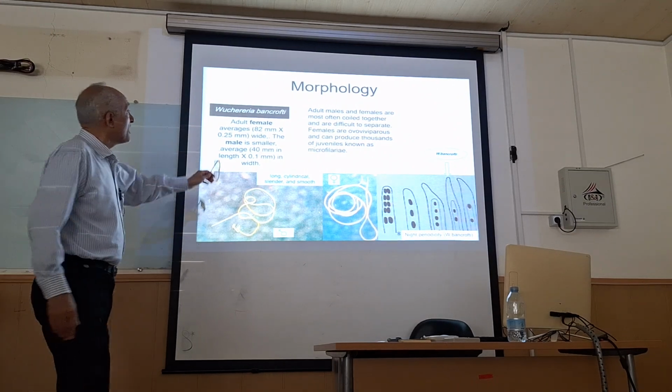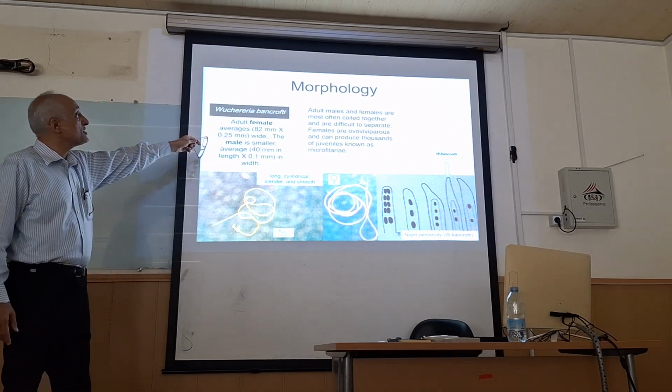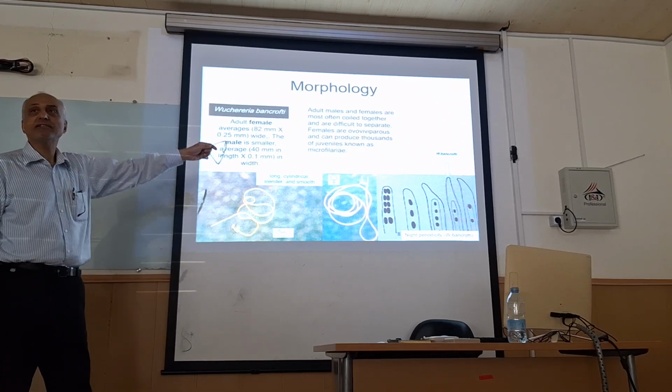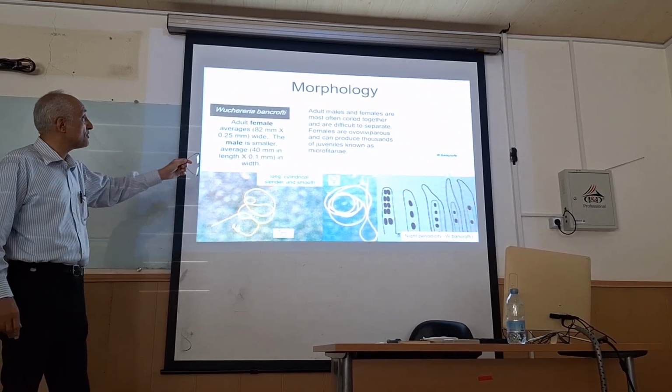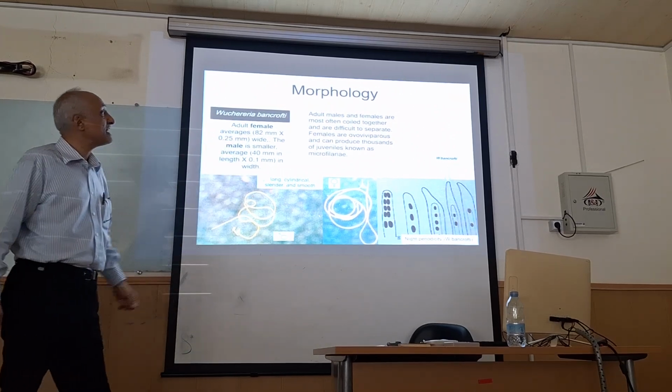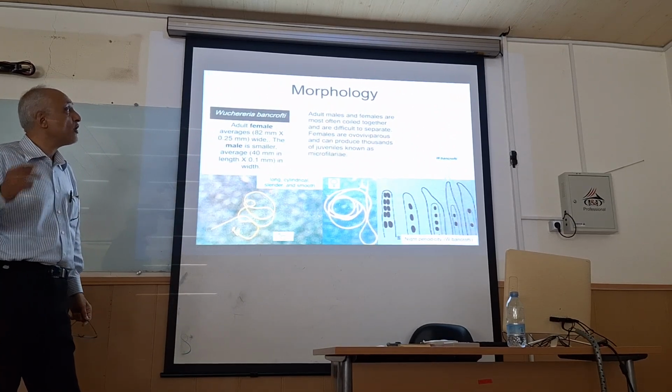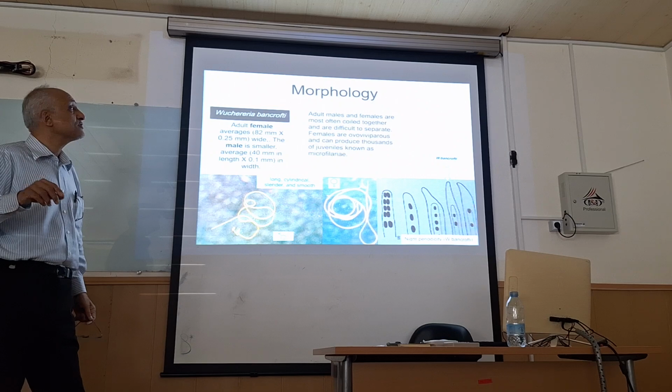Anyhow, adult females average 8 to 10 centimeters, males around 4 centimeters, okay? And adult males and females are most often coiled together and are difficult to separate.